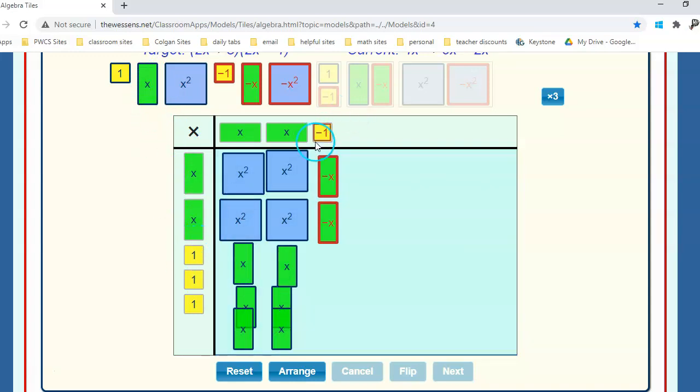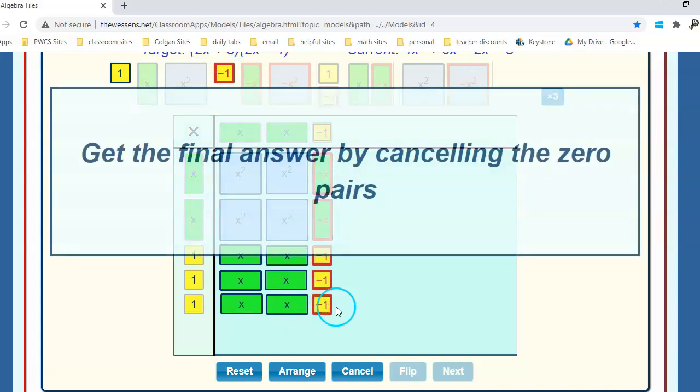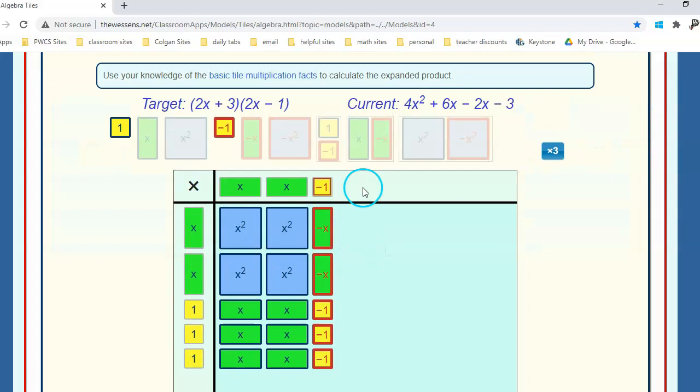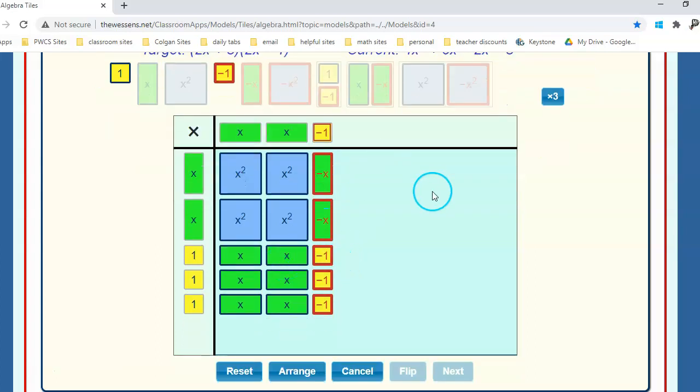And then 1 times negative 1 is negative 1. Right? So now it made the rectangle for us, but when you look at this equation, we see that we have like terms that we can combine.